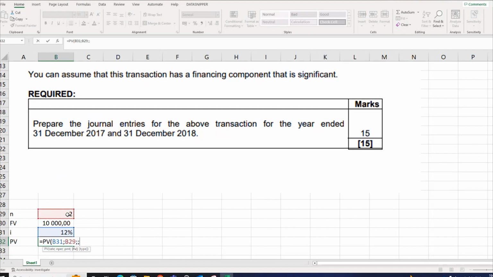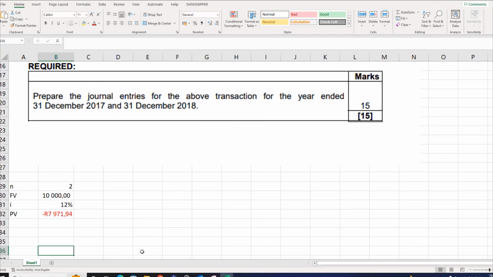We don't have the payment, then the future value is 10,000 Rand, and that brings us to 7,972. So we can go ahead and start with the journals of 2017.